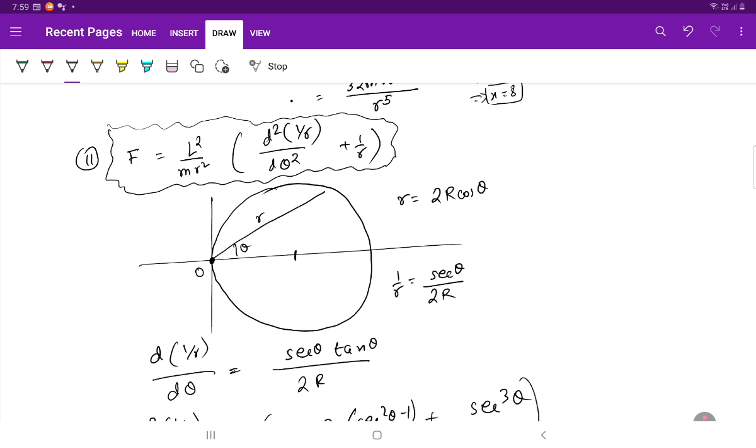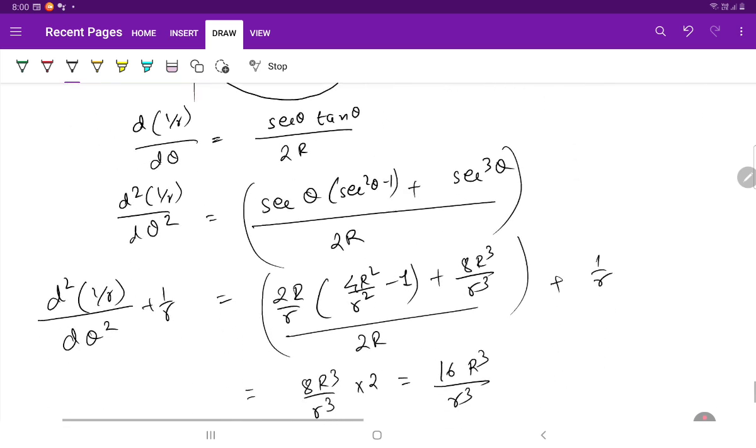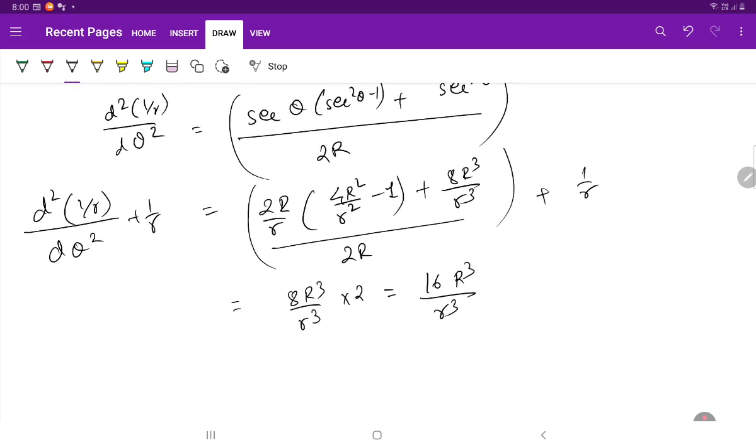Right. Now L with respect to point O is given as m into v naught into 2R. Now just substitute this, m v naught into 2R by m r square, and there will be one missing factor, that is 1 by 2R here. Hence you'll get it to be 8 capital R square by small r cube.